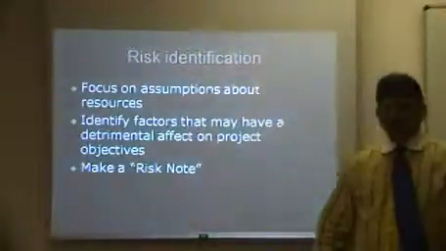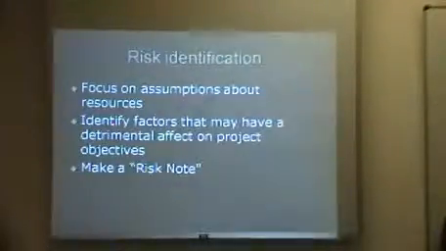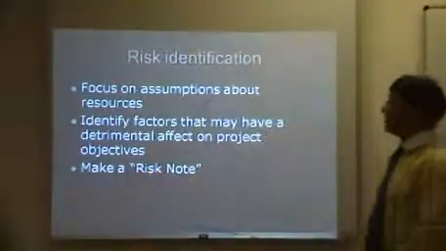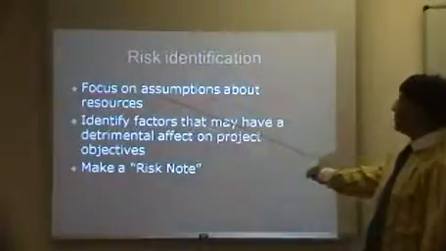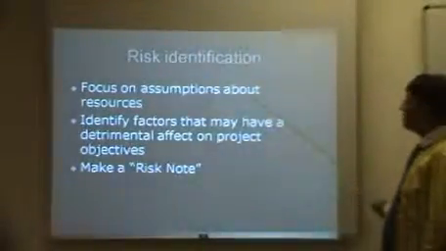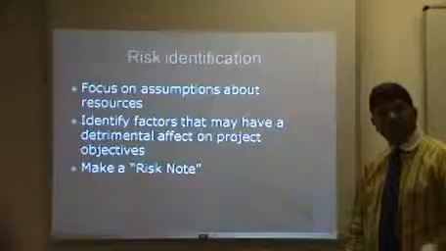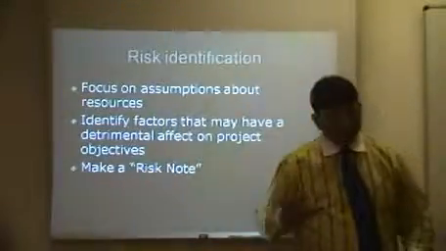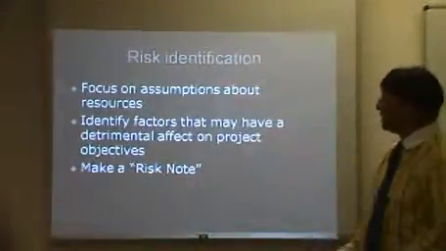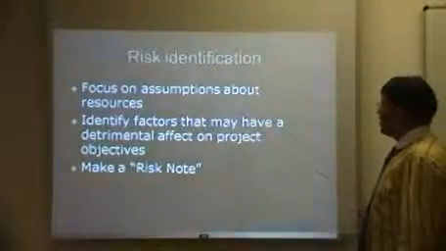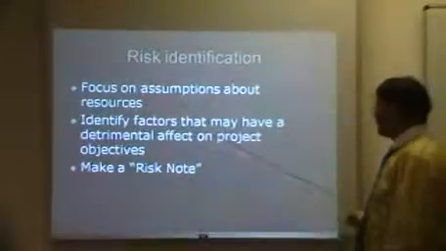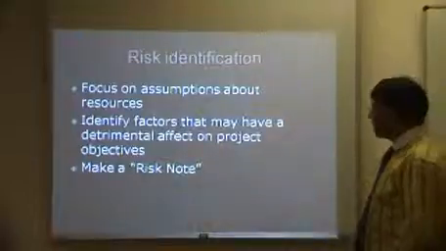Right. Risk identification. What do we do when we do risk identification? Risk identification focuses on assumptions about resources. It also identifies factors that may have a detrimental effect on project objectives.